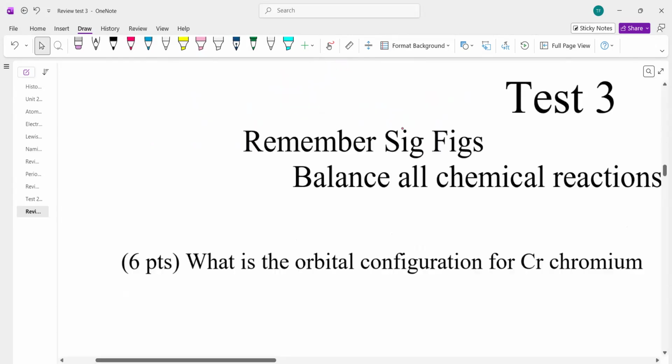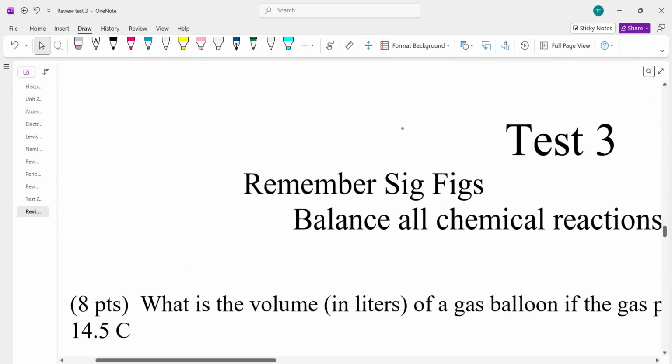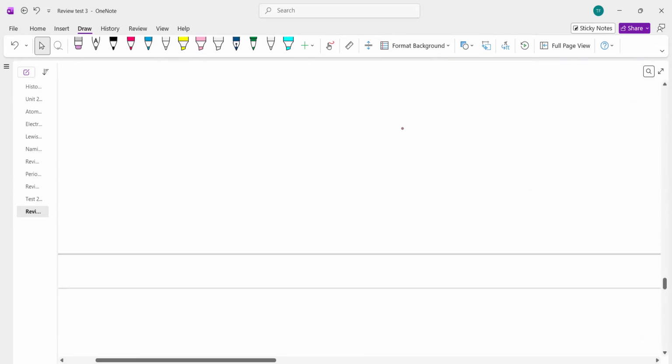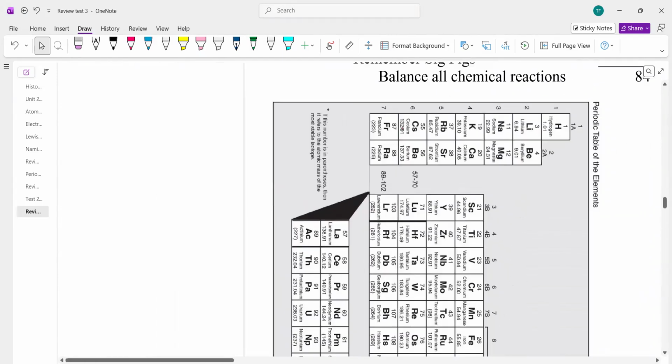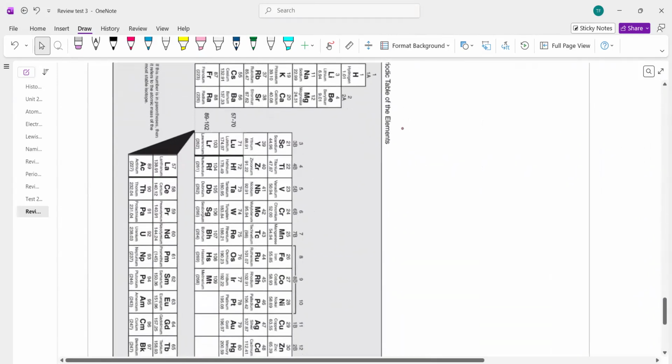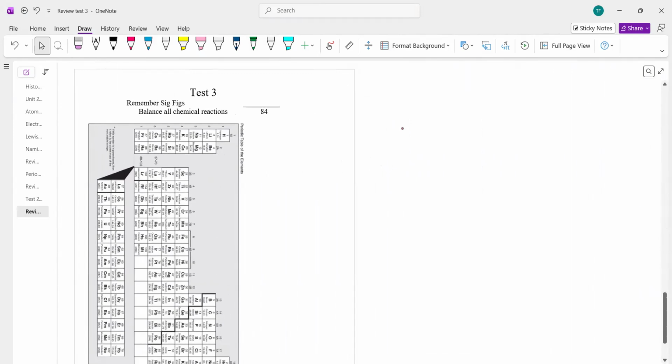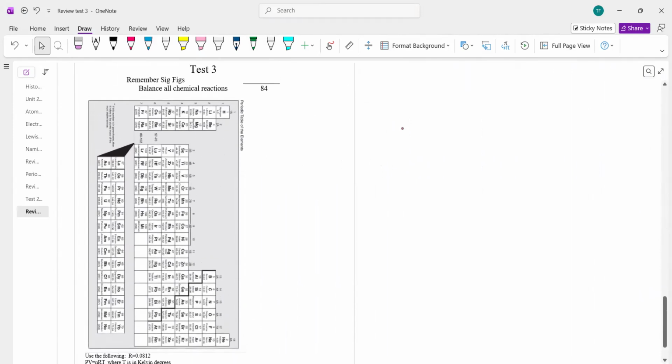Okay, so let's take the journey on the periodic table here. Okay, so we need to go to here.